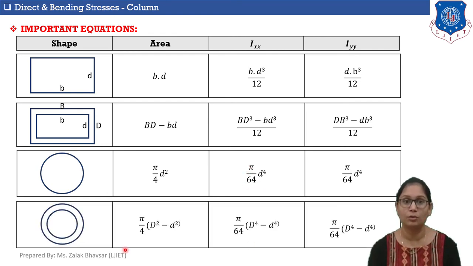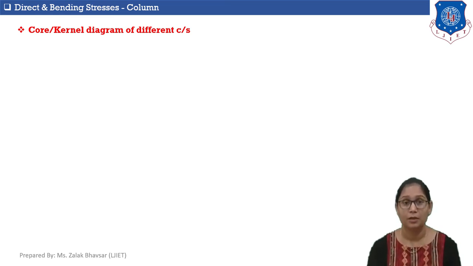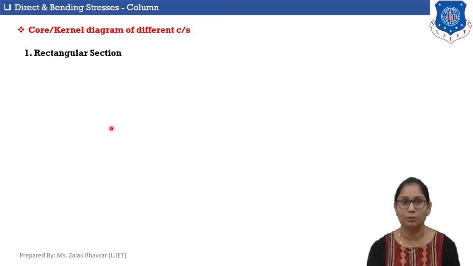Now for a hollow circular section, area is equal to pi by 4 into capital D square minus small d square, and Ixx is equal to Iyy is equal to pi by 64 into capital D raised to 4 minus small d raised to 4. Now let's discuss the core or kernel diagram of different cross sections. So we will start with the rectangular section.